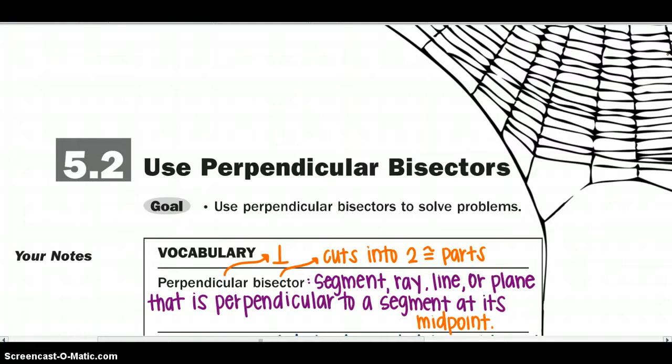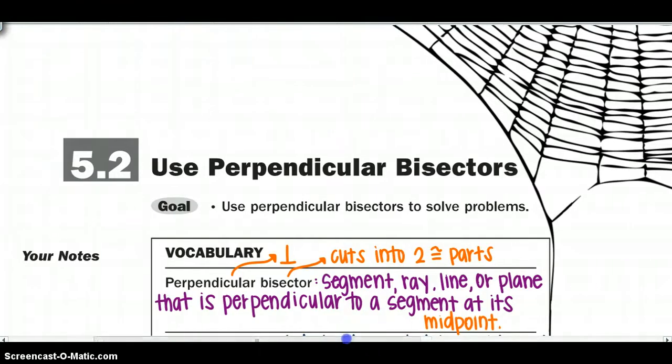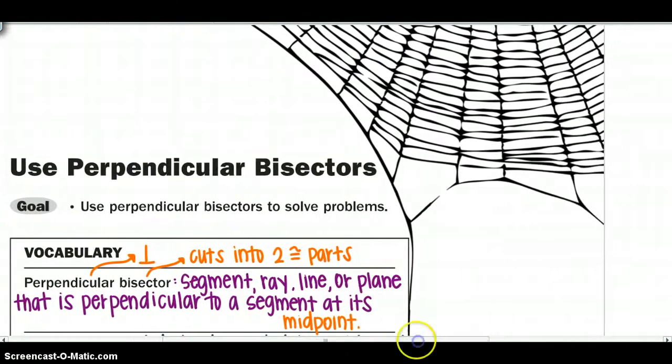The definition states a segment, ray, line, or plane that is perpendicular to a segment at its midpoint. So what does that necessarily mean in a picture? We have a segment, and we can call this segment AB, and AB has a midpoint at point J. The midpoint means it's in the middle, it has two congruent sides.